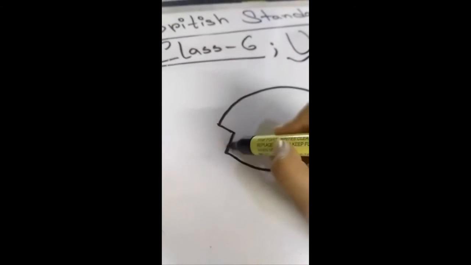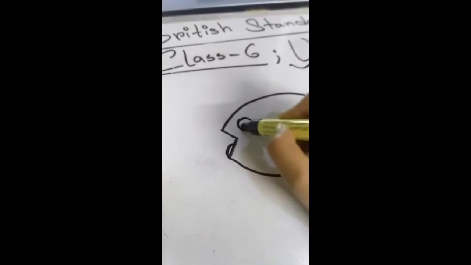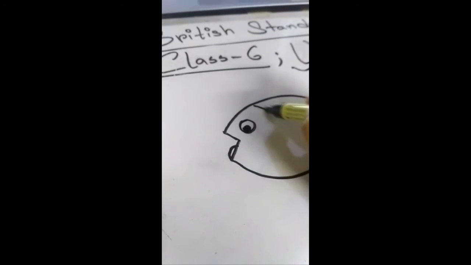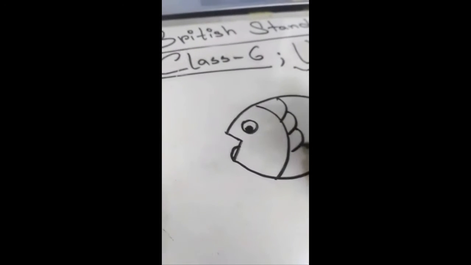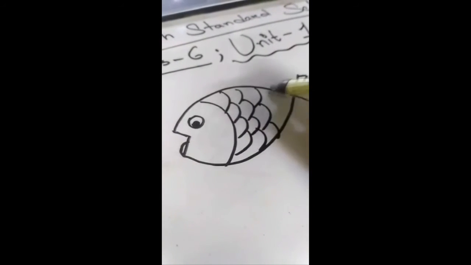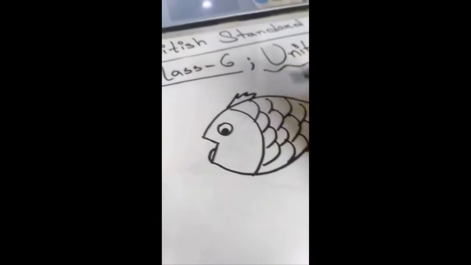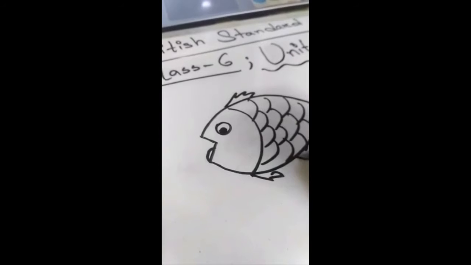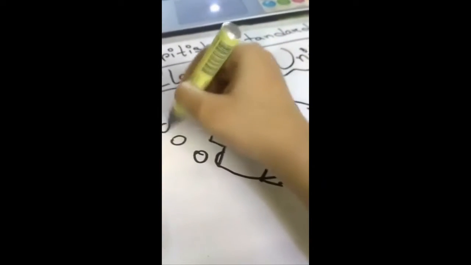This is the tail, the mouth, the eye, the gill slits and scales. Okay, these are the fins. Okay, water, some bubbles.